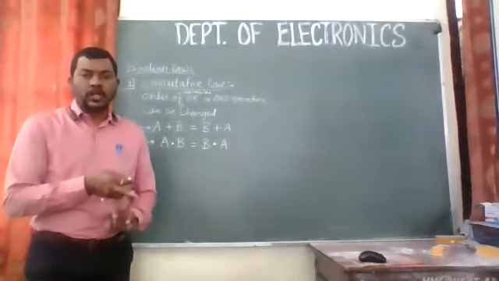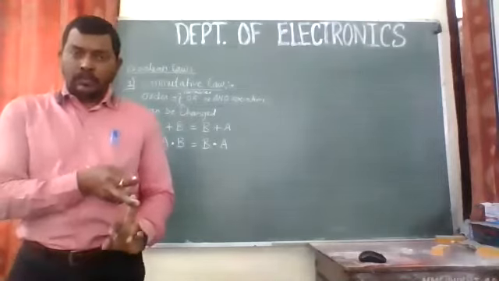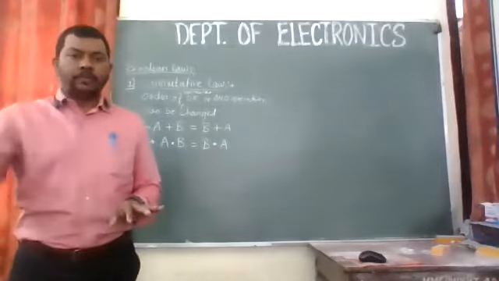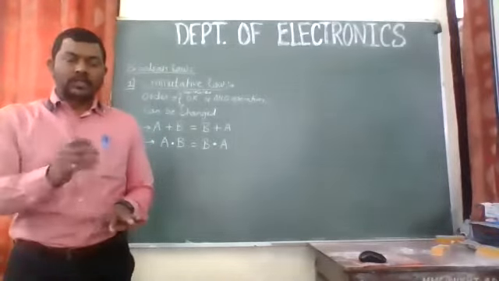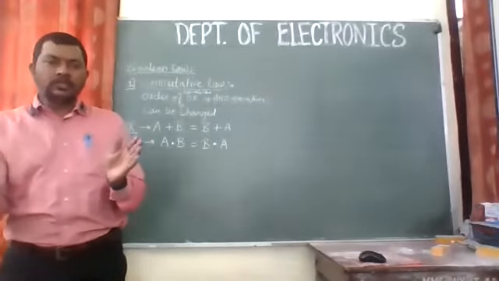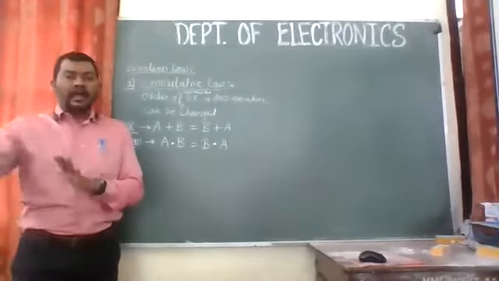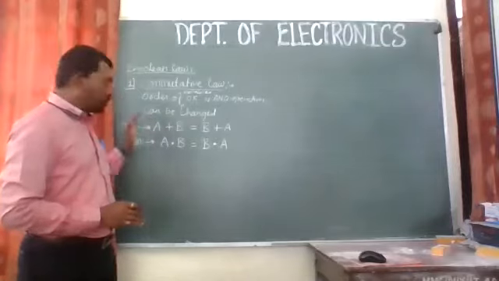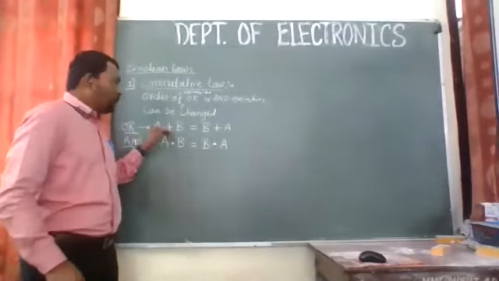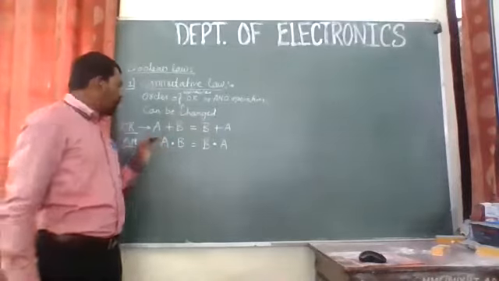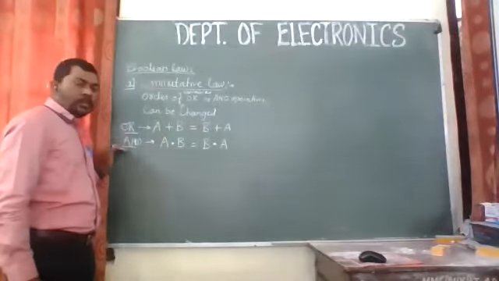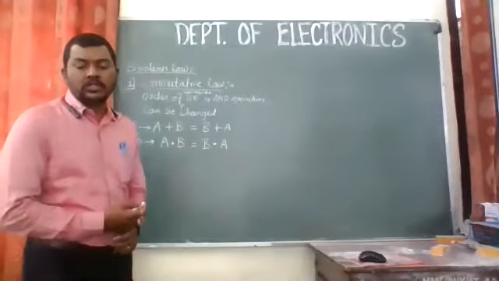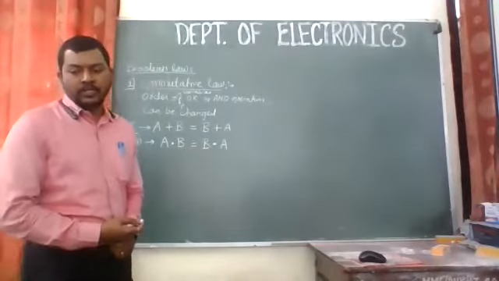So the order of variables in OR and AND operations can be changed: A plus B can be written as B plus A, and A dot B can be written as B dot A. This is the commutative law, the first law of Boolean expression.